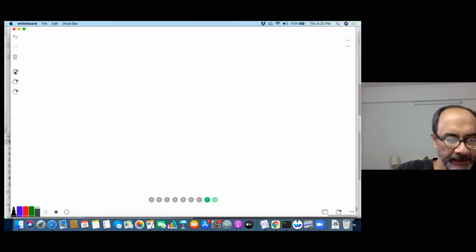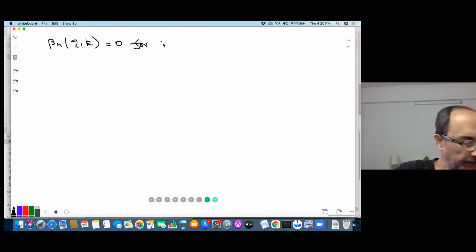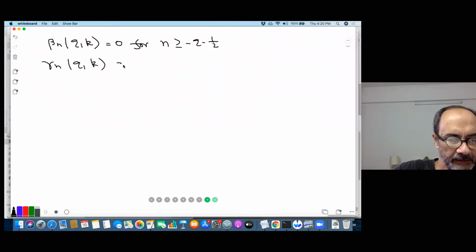Okay, so let me write this again. We get this relation that beta n on the state is 0 for n greater than or equal to minus Q minus half, and gamma n on the state is 0 for n greater than or equal to Q plus 3 half.